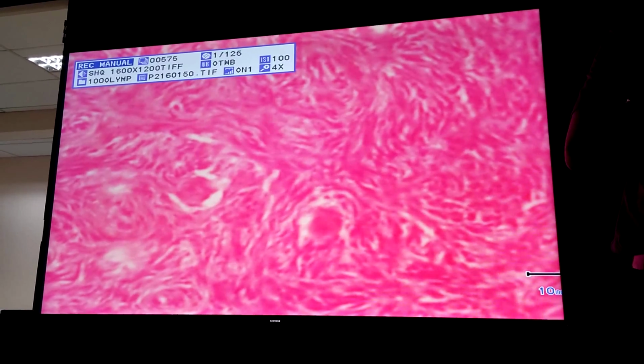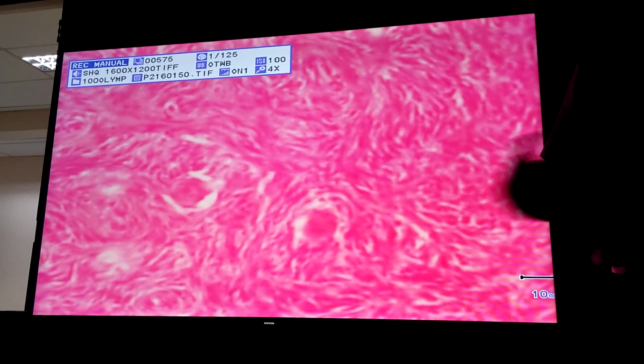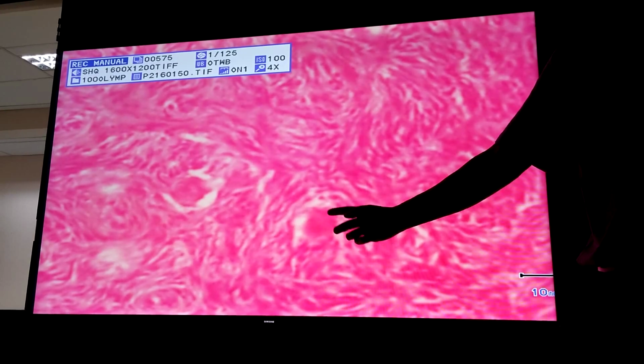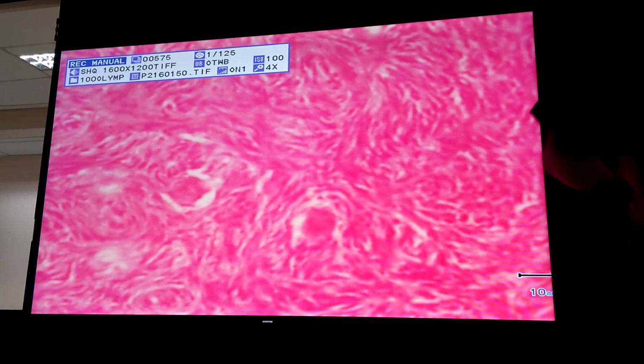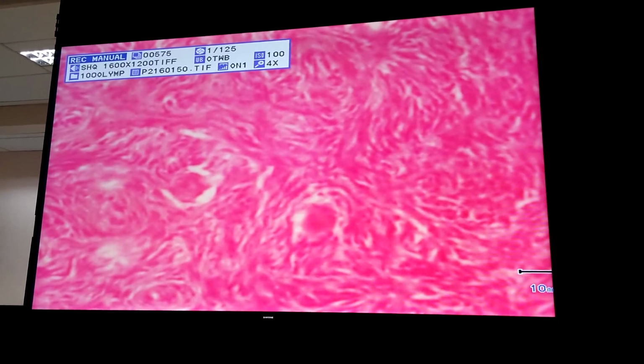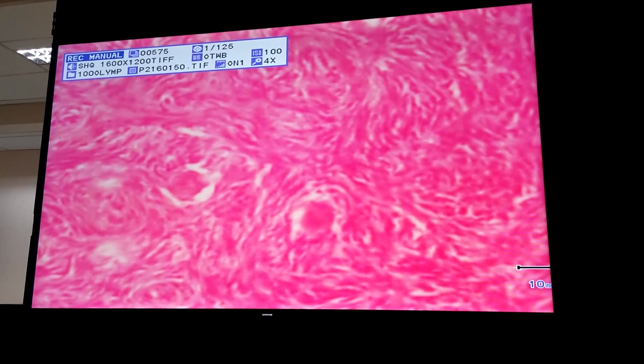How will you be able to distinguish the two from each other? So simple squamous for the primordial, and cuboidal for the primary. So it may be simple cuboidal, or as the oocyte develops, the simple epithelium will become stratified later.